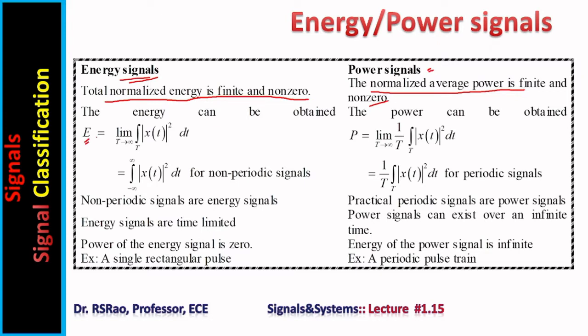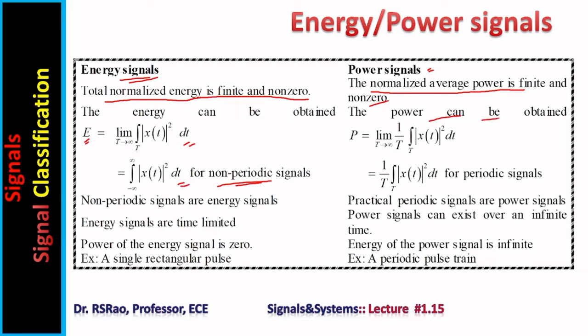Energy E of a signal by definition is limit T tends to infinity integral of mod x of t whole square dt. In case of non-periodic signals, it turns out to be the integral from minus infinity to plus infinity of mod x of t whole square dt.